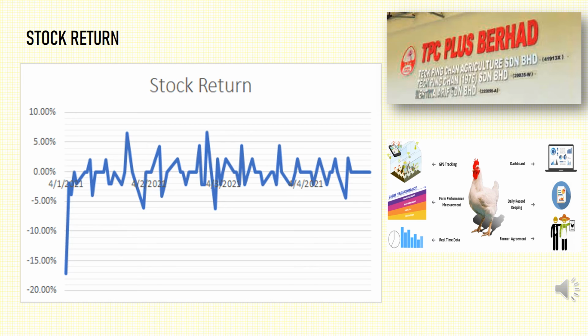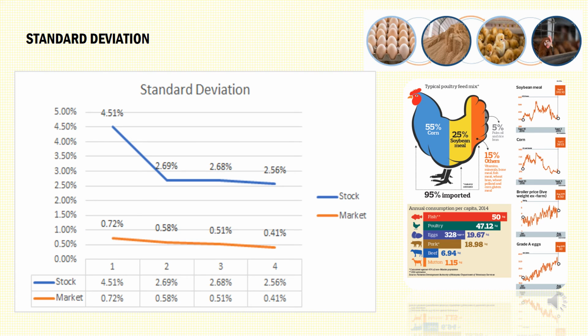For the rest of the period within the 4 months, TPC Plus Berhad's stock return shows a fluctuating line between positive and negative returns respectively. The standard deviation of TPC Plus Berhad's stock starts with a high percentage in January, which is 4.51%.